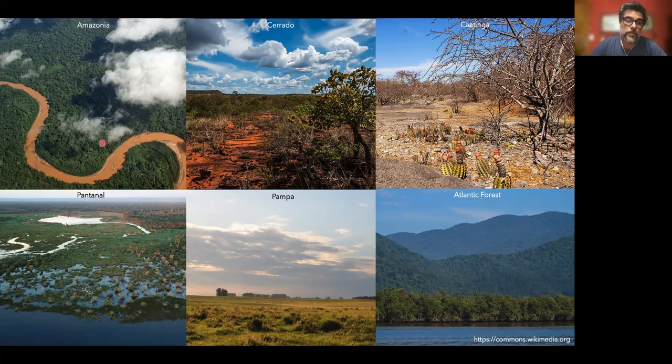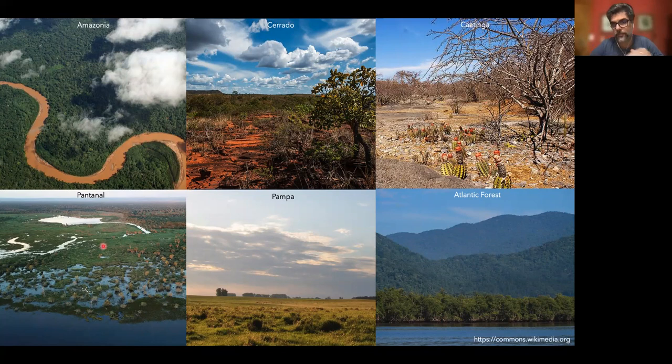On the Amazon, of course, we have to put rivers because water and large rivers are a major theme in the Amazon, and also this carpet of forest, which is not as homogeneous as it looks, as we will see later. Also the Caatinga, a very dry, xeric environment with cactus and sometimes no leaves at all on the trees. The Pampa, of course, a flat grassland area.